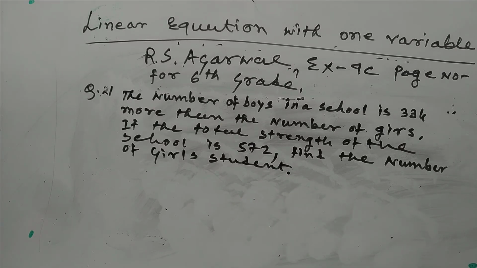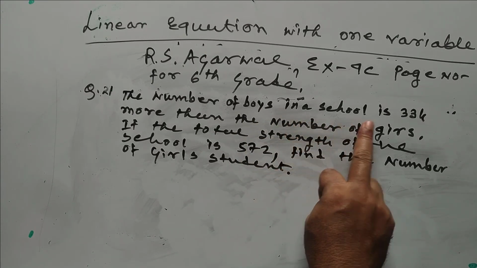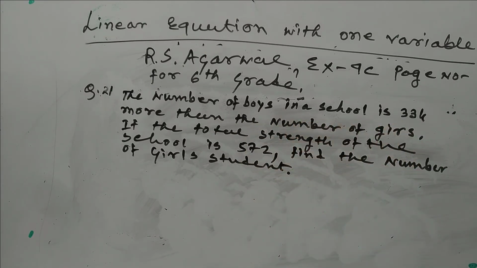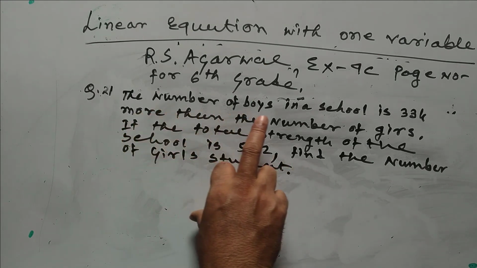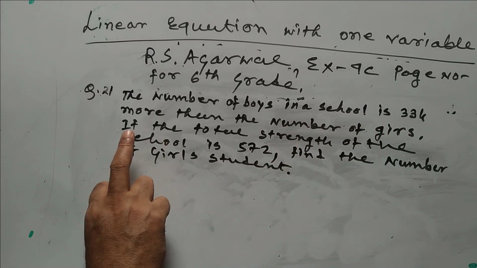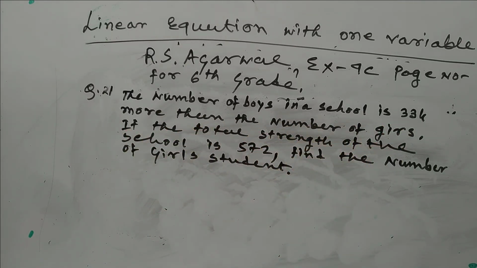Okay, so the question says that the number of boys in a school is 334 more than the number of girls.